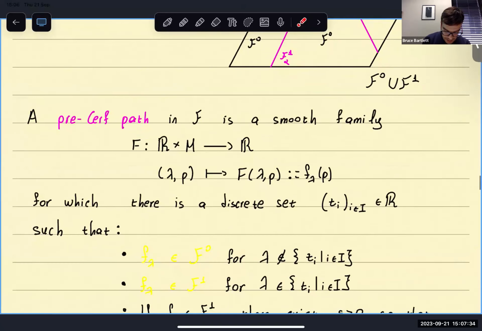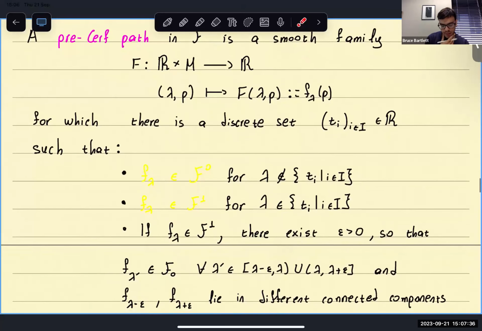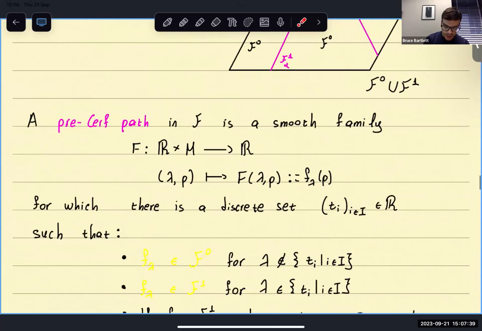I'm saying something that I will explain in pictures in a second: there is a discrete set of times. You should think of these times as the times when the path hits F1.